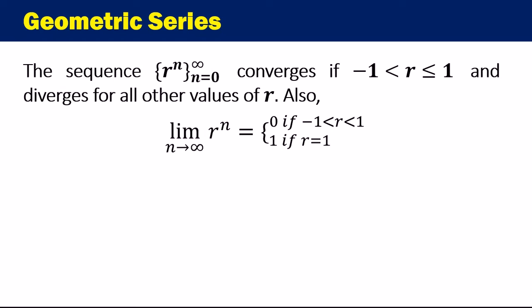So therefore, this will exist and be finite provided that r is greater than negative 1 but less than 1. And in this case, the limit is 0, and so we get the limit of s sub n as n approaches infinity equals a over 1 minus r.